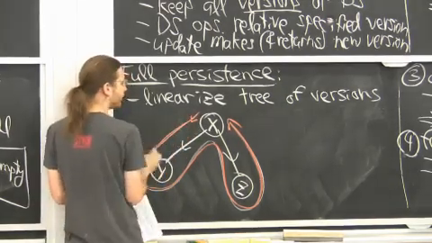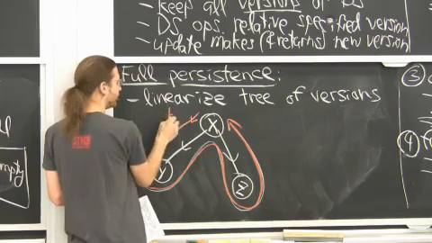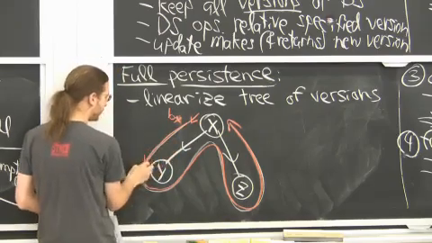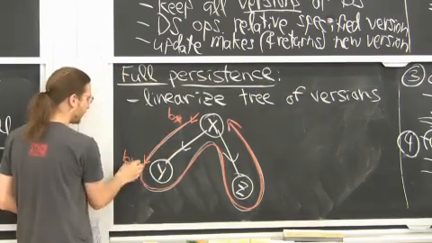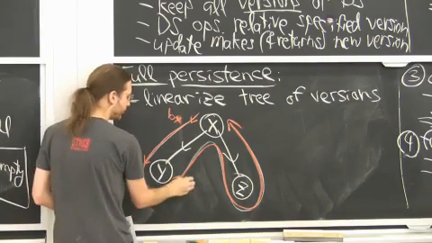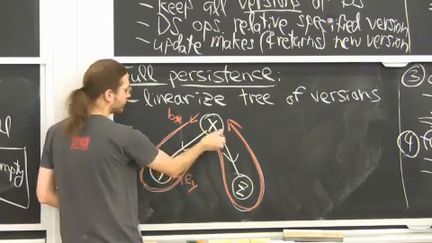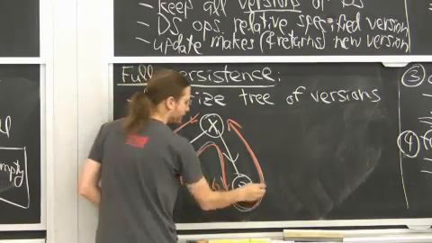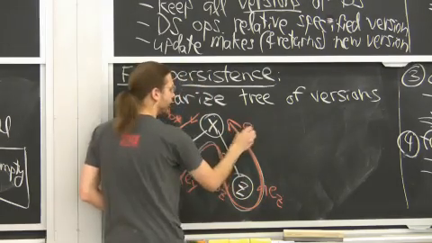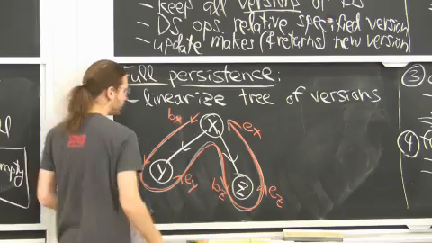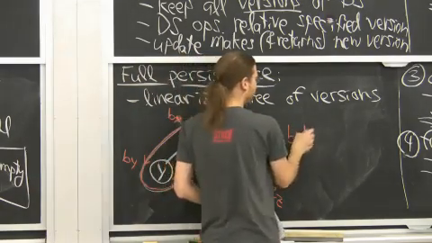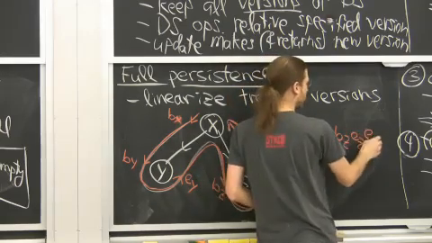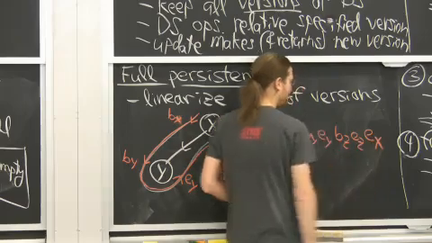So here's the first time I visit X, so I'll write this is the beginning of X. Then this is the first time I visit Y, so it's the beginning of Y. And then this is the last time I visit Y, so it's the end of Y. Then this is the beginning of Z, and this is the end of Z. And then this is the end of X. If I write those sequentially, I get BX, BY, EY, BZ, EZ, EX.